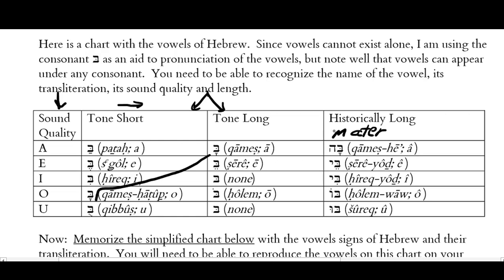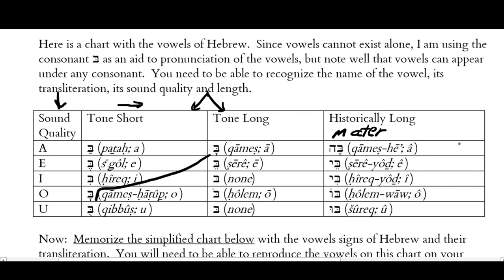And then finally, when we come to the historically long chart, we have our bet consonant, and then following the bet is the mater, accompanied by the vowel point that the Masoretes put along with the mater.